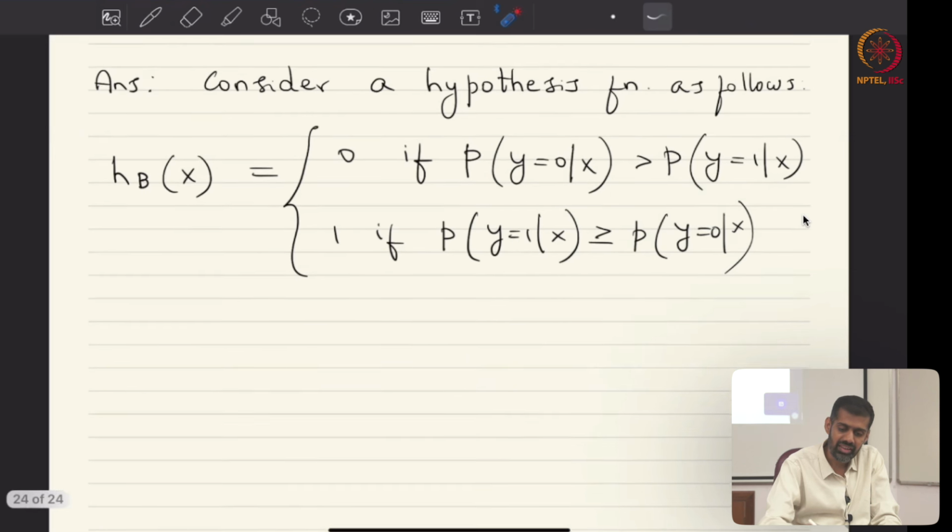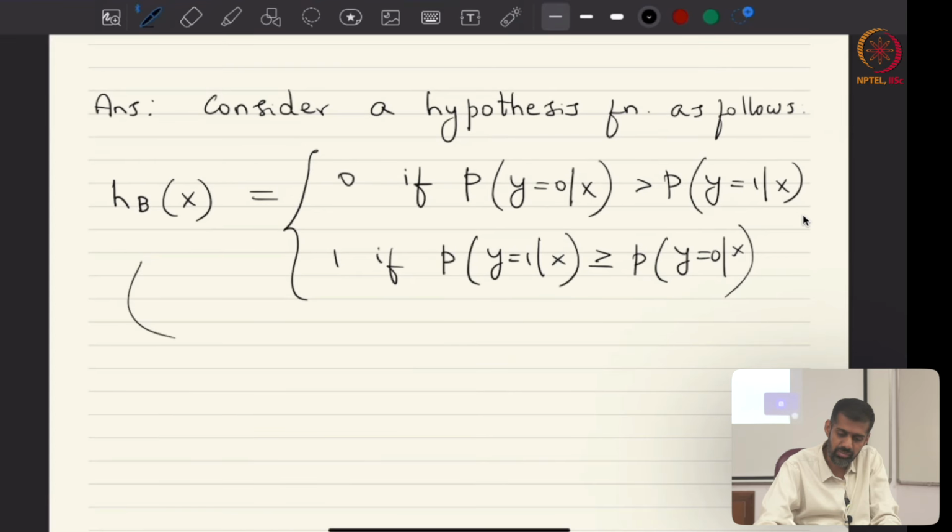Now this classifier is what is known as the Bayes classifier, named after the famous statistician Bayes. It is called the Bayes classifier.